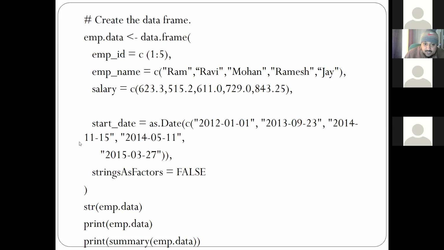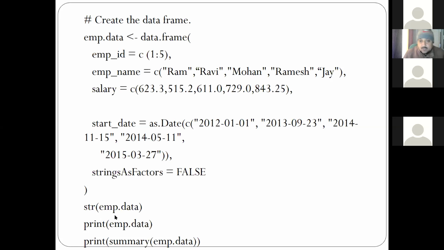The data frame will be created, and thereafter we will display it. To display the data, simply write print. The data frame name is employee.data, so we write here employee.data. For example, if we display the summary of the whole data, in that case you have to write print, then mention summary, and then within the bracket you have to mention employee.data.